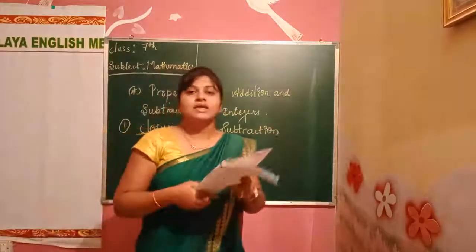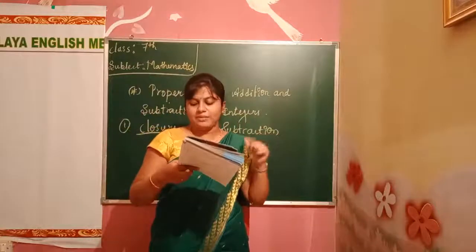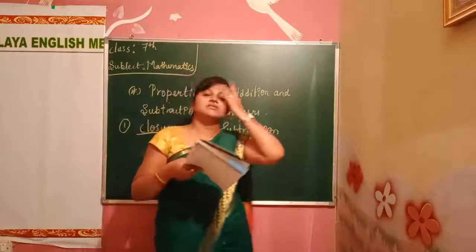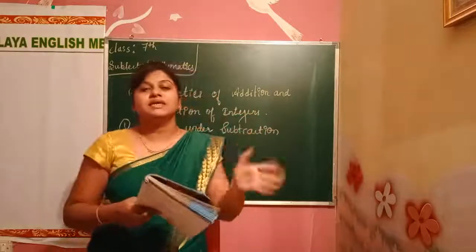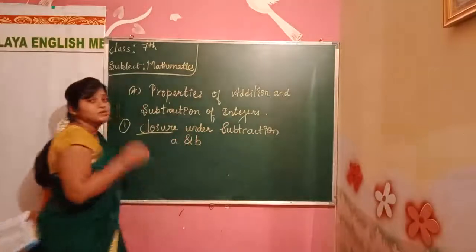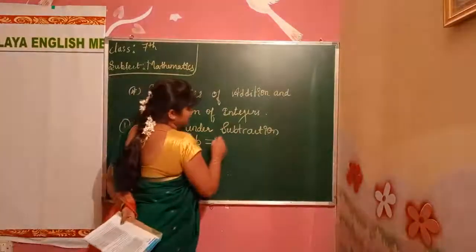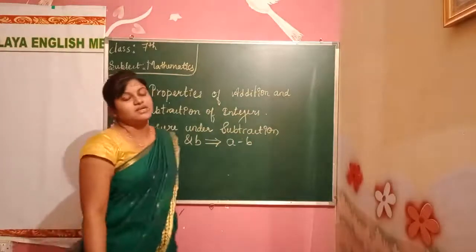In this also the same thing is there. When we have two integers A and B and we subtract, we get an integer itself. A and B are two integers, and when we apply subtraction to these, we get an integer itself.